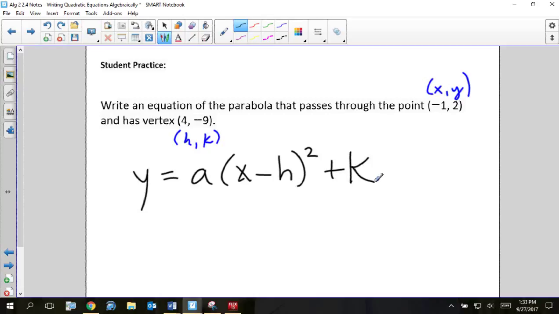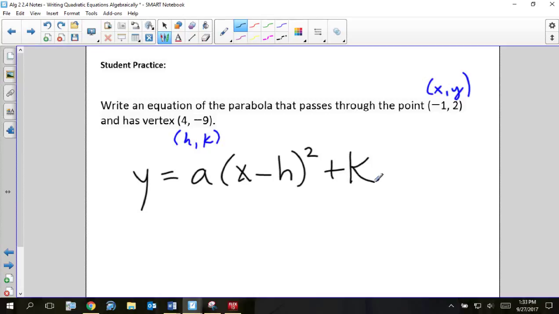What's that thing that I said people forget? What's really annoying about it? Well, that's what you're finding. You're solving for A, like this one.